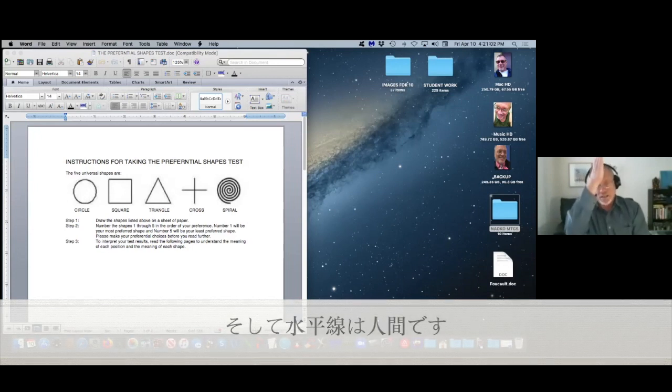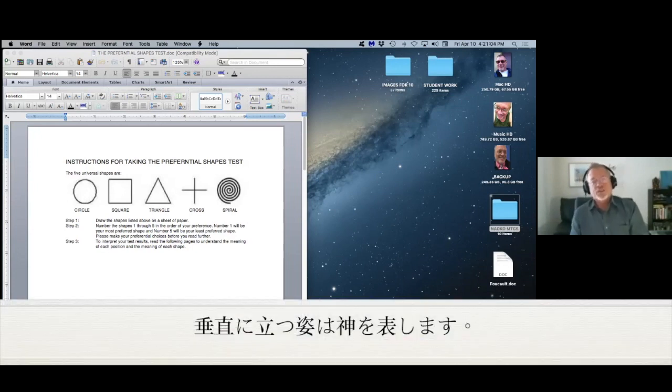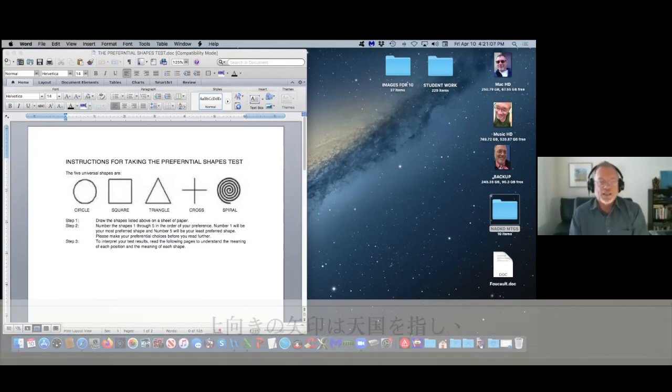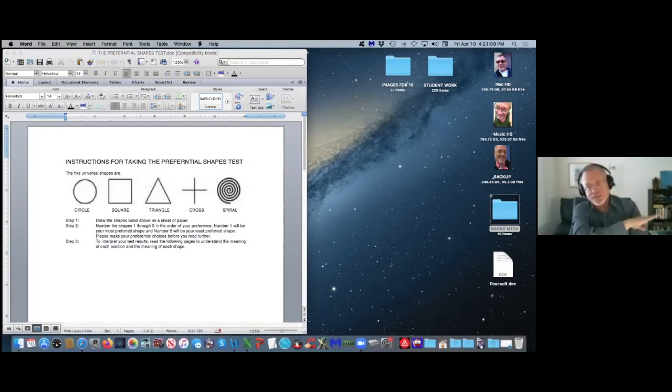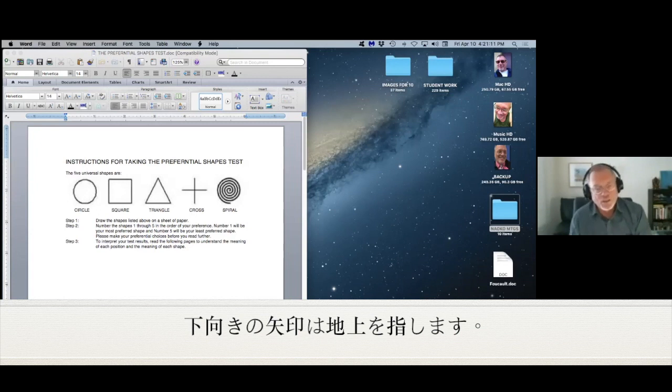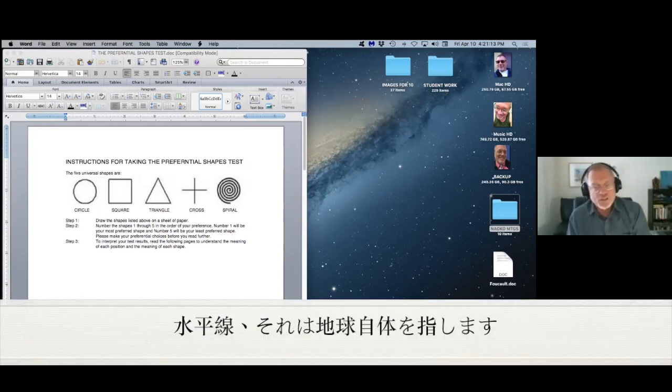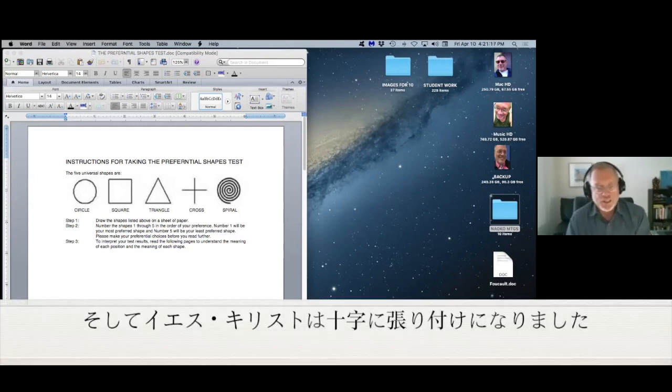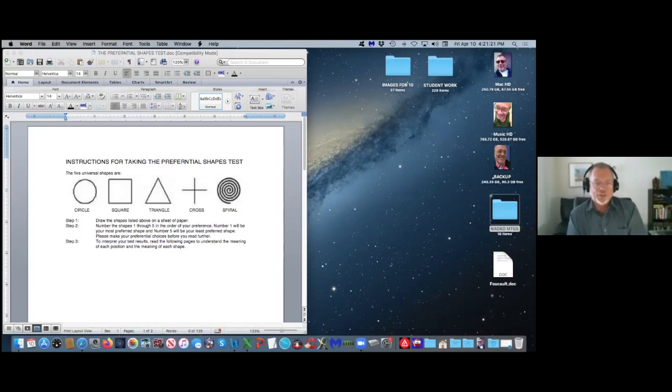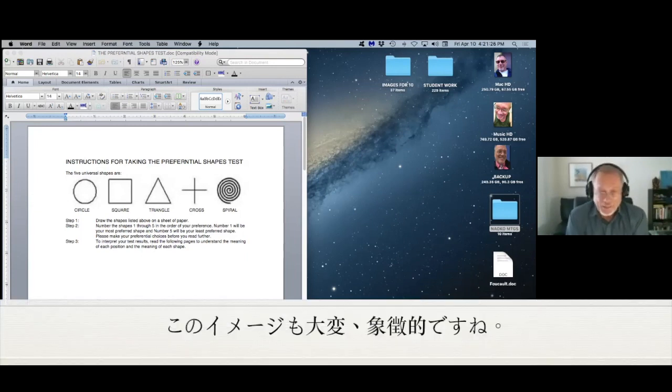So you've got the God figure, which is the vertical figure, kind of pointing up to heaven and pointing down to earth, and then the horizontal line, which is the earth itself. So that is the symbol, of course, that the hero of Christianity, Jesus, was crucified on. So that's a very good pointer there, and a very symbolic pointer, as it turns out.